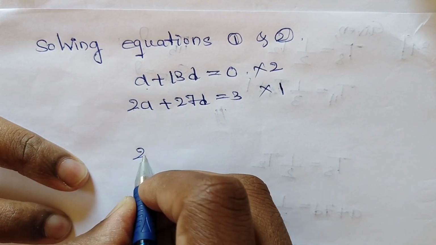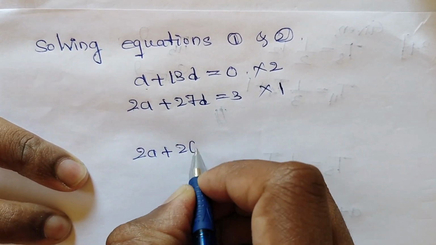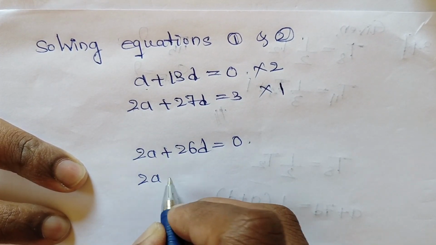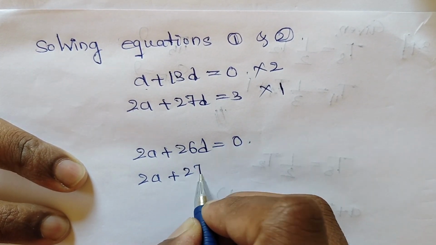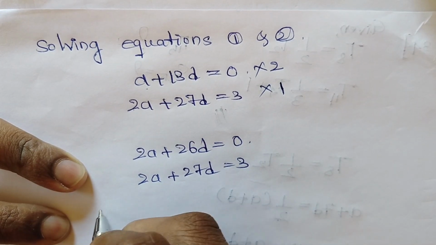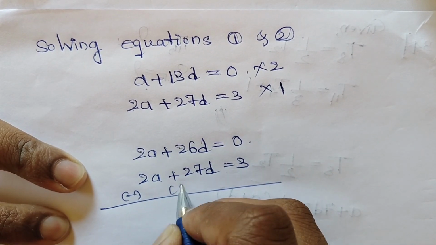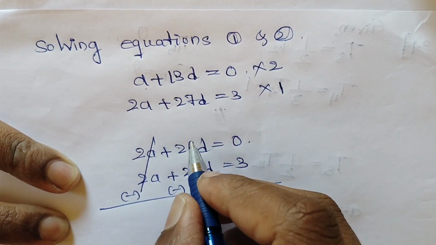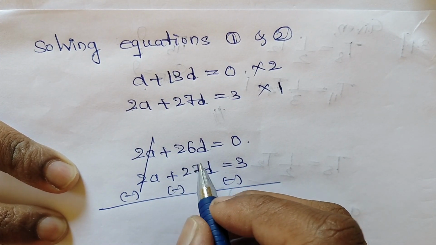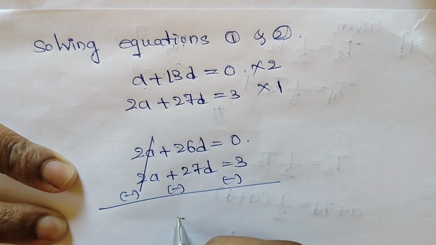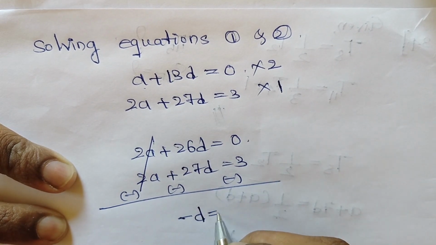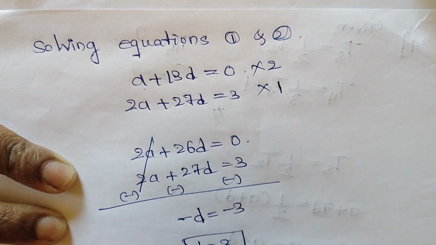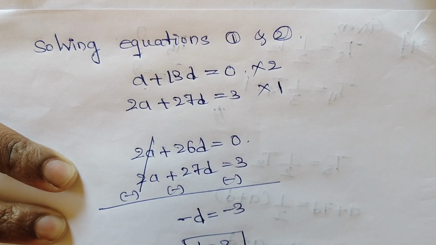It becomes 2a plus 26d equals 0, and 2a plus 27d equals 3. Subtracting, the 2a cancels, and it becomes minus d equals minus 3, so d equals 3. That is the answer.